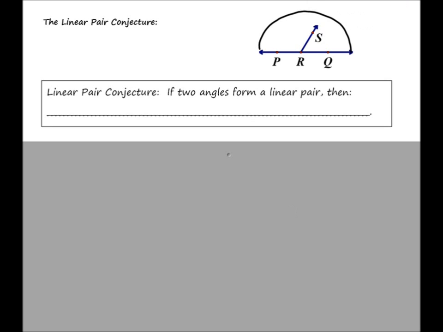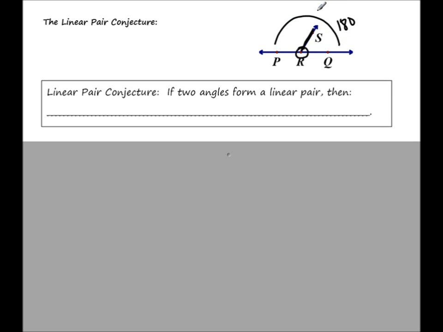Well, if you have two angles, PRS and SRQ, that are adjacent to each other, that means they share a common ray and vertex. They are adjacent to each other and they lie on a straight line, then their sum is 180 degrees.